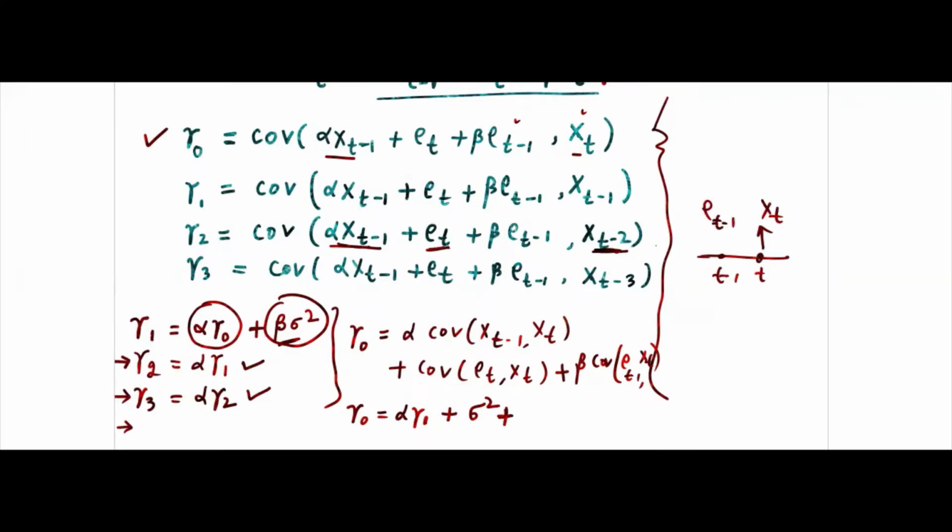You can say that they are independent, but when you write it this way, t minus 1 here, t here, when you talk about the process xt, today's random shock will not depend on previous values.